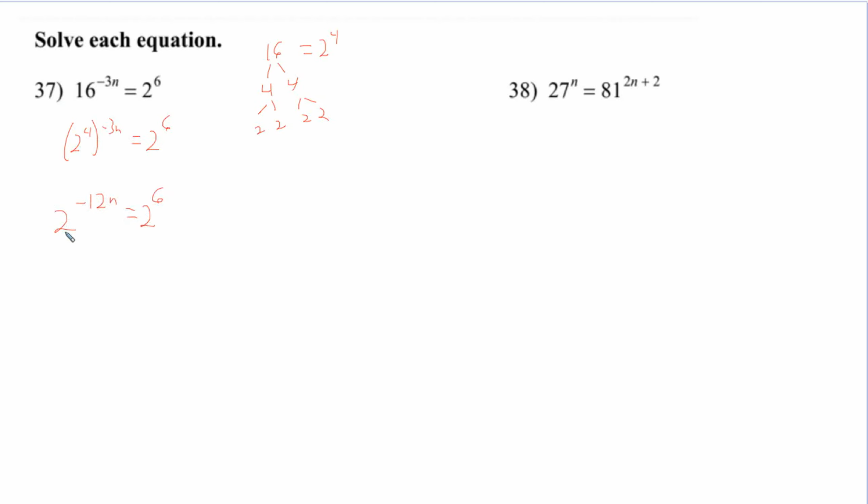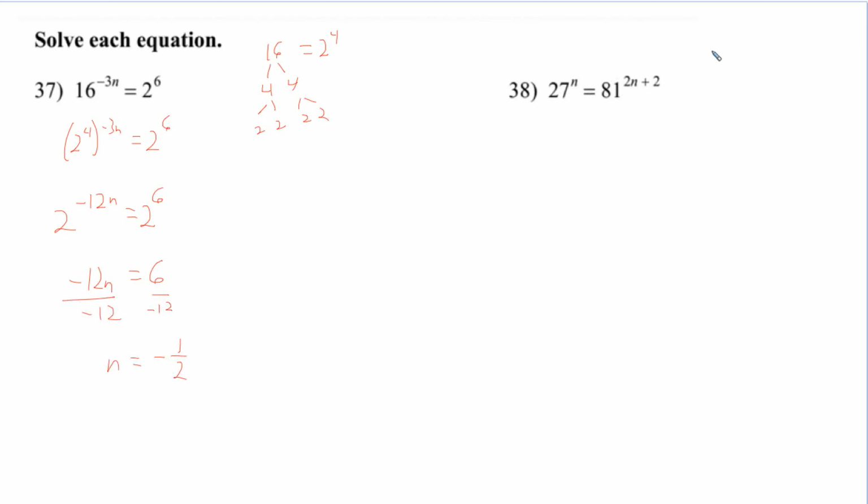And when we have 2 powers with the same base, 2 to the negative 12n equals 2 to the 6th, we know that these exponents must be equal to each other. So negative 12n equals 6, dividing both sides by negative 12, we get n equals negative half. That's our answer for 37.